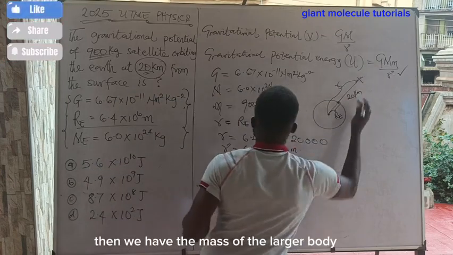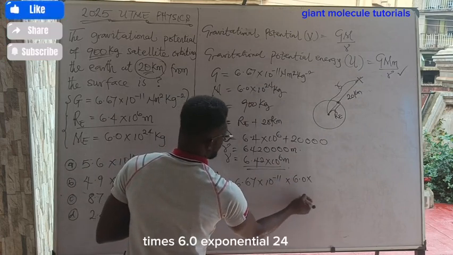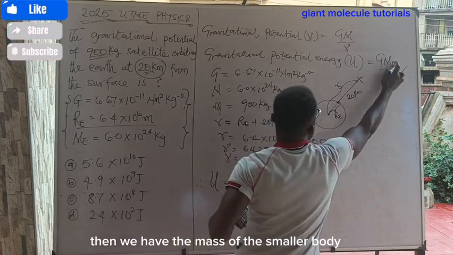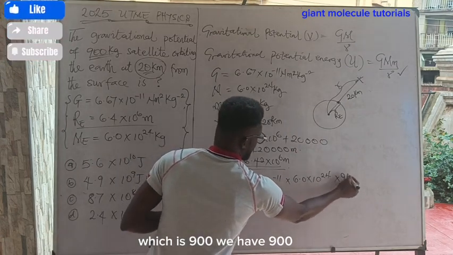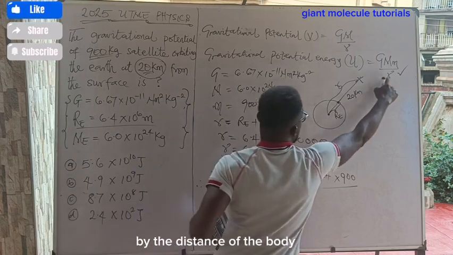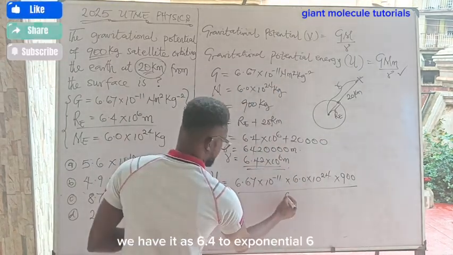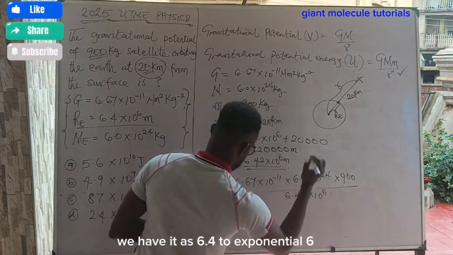Then we have the mass of the larger body times 6.0 exponential 24. Then we have the mass of the smaller body, which is 900. All divided by the distance of the body from the center of the Earth, which is R. So the value of R, we have it as 6.42 exponential 6.